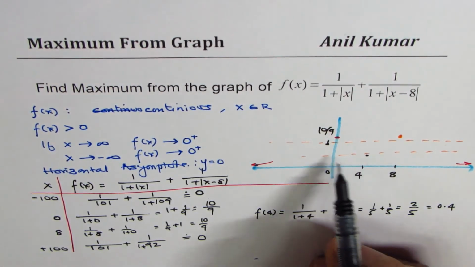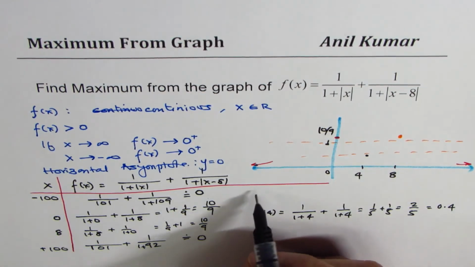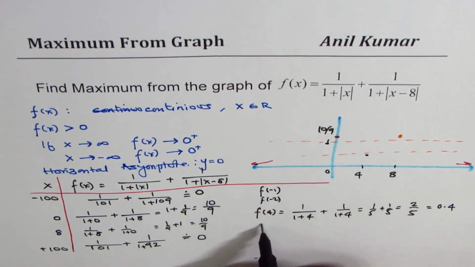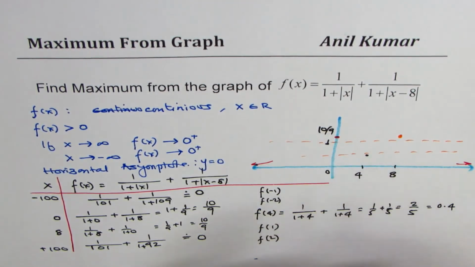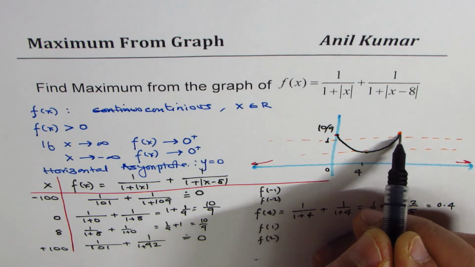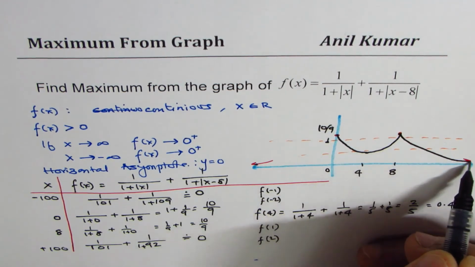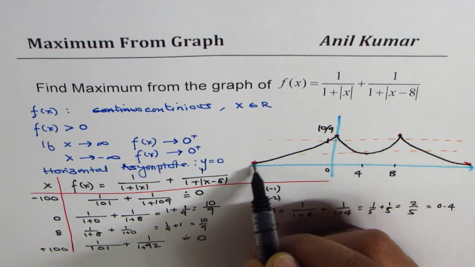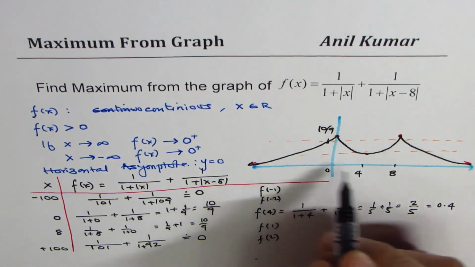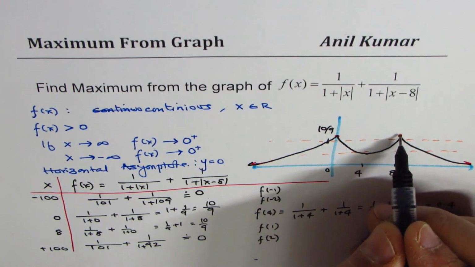You can actually substitute other values also. You can find f of minus 1, f of minus 2, f of 1, f of 2, and get more points on your graph. More or less, you'll get a graph which is like this. You see that? It'll be concave up all the time with these two maximums.